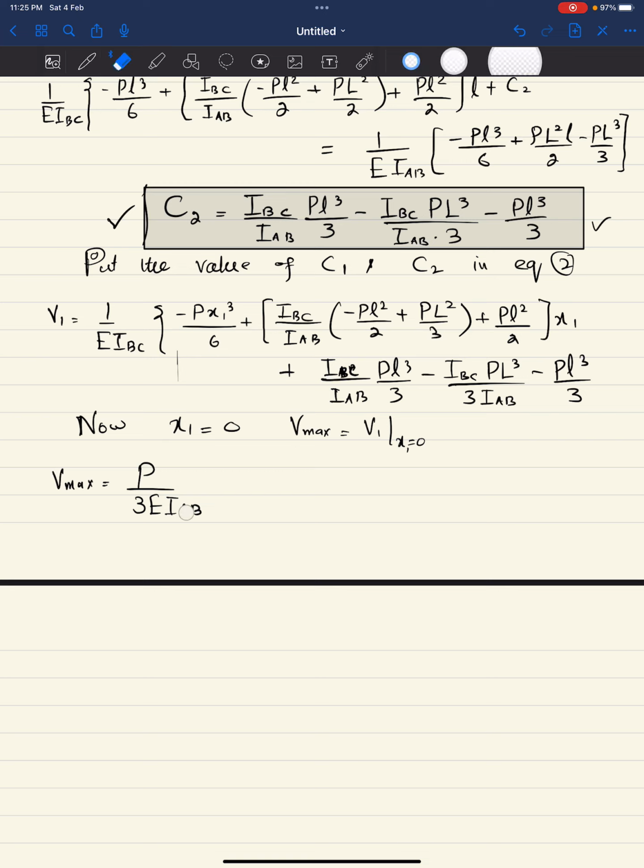So after putting it, I will write the final equation. Let's do it step by step. Vmax is equal to 1 over EIBC. Focus on this formula. 1 over EIBC into this term will be 0, and we will be left with this term.